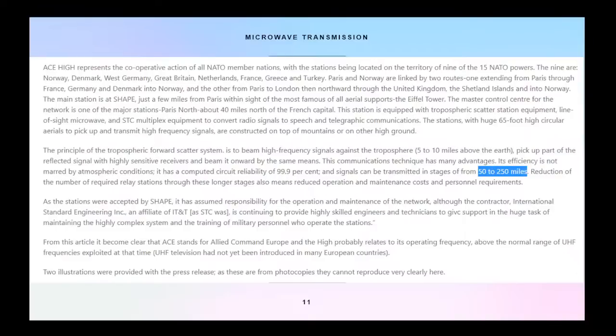This station is equipped with tropospheric scatter station equipment, line of sight microwave, and STC multiplex equipment to convert radio signals to speech and telegraphic communications. The stations with huge 65-foot high circular aerials to pick up the transmit high-frequency signals are constructed on top of mountains or on other high ground, typically to avoid topographical obstruction.